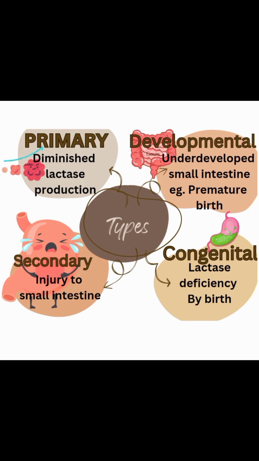And then comes the last one, that is the congenital one. It is a type of autosomal recessive trait which is passed from generation to generation. That means the mother and father both should be lactose intolerant to cause lactose intolerance in the child.